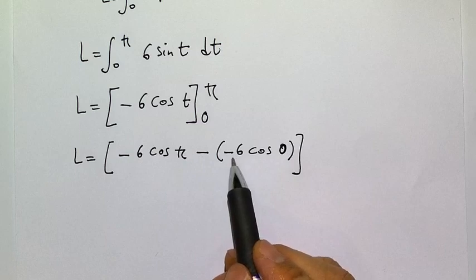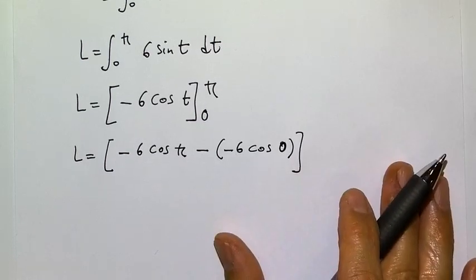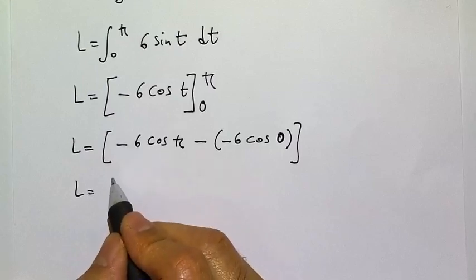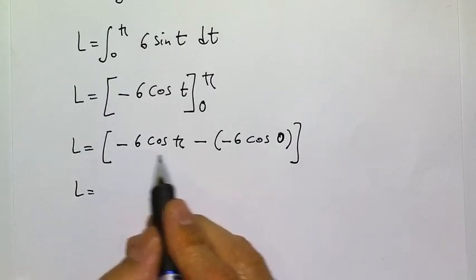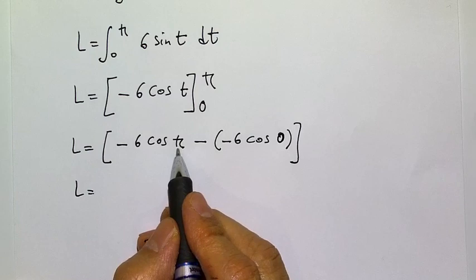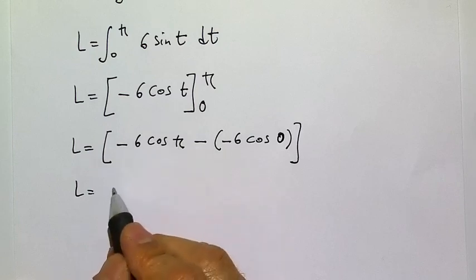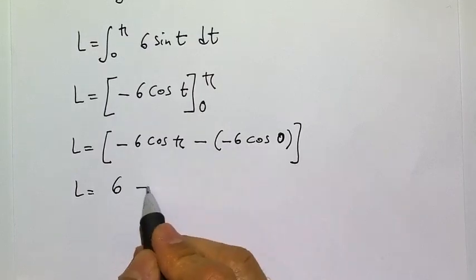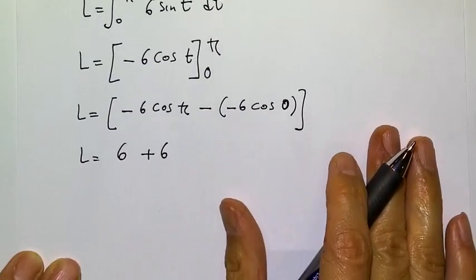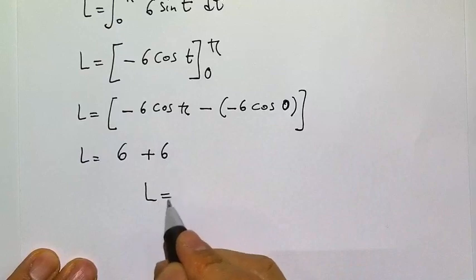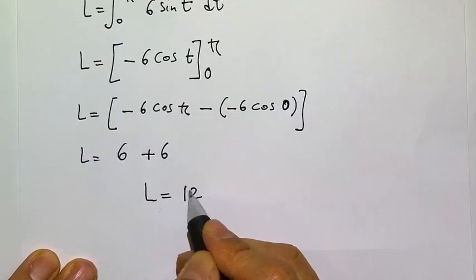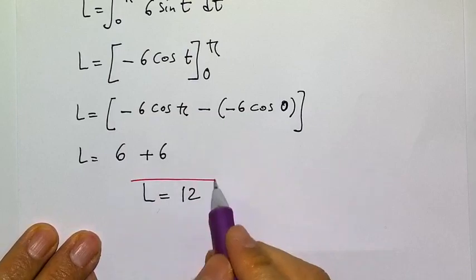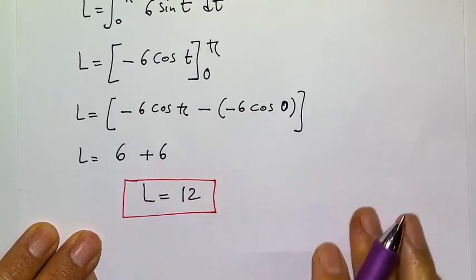Minus times that is going to be positive 6. So what do we have here then? We have minus 6. Cosine of pi is minus 1. Minus 1 times minus 6 is positive 6. And this we already said, it's positive 6 again. So we have the length of the arc equaling 12 units. Like that.